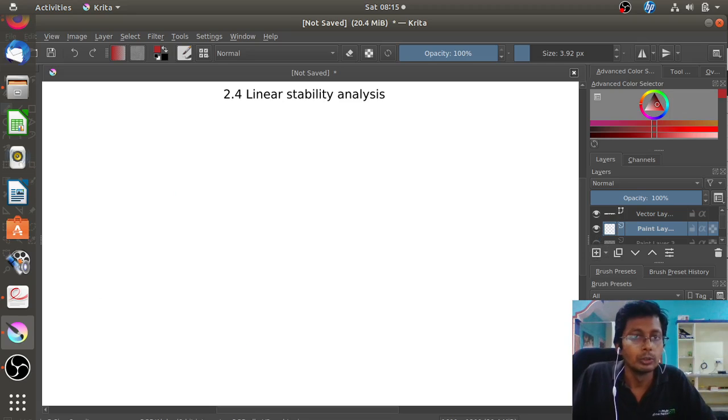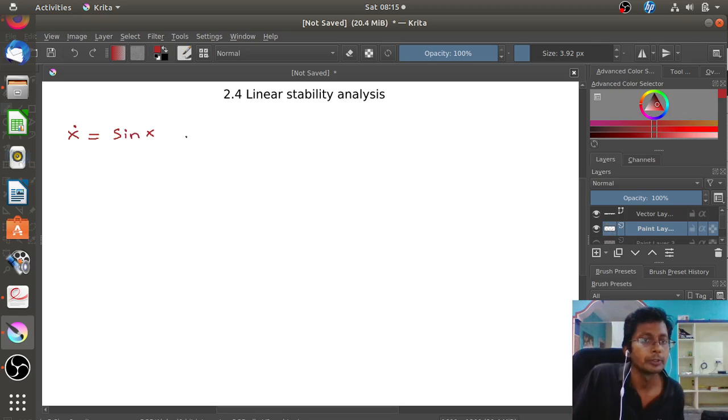One of the first examples we have used is x dot is equal to sin x. And for this, what are the fixed points?